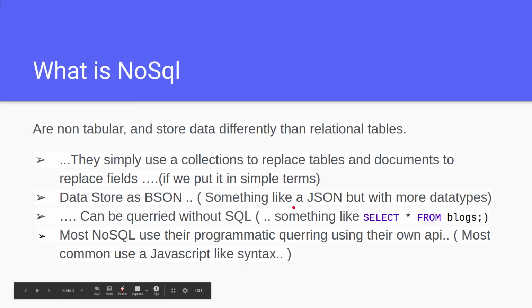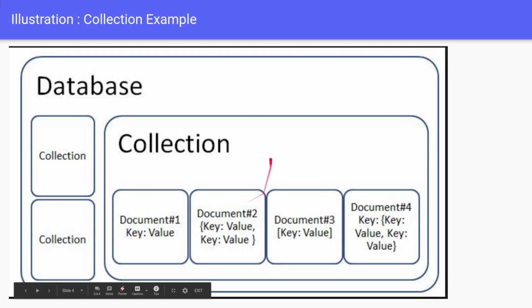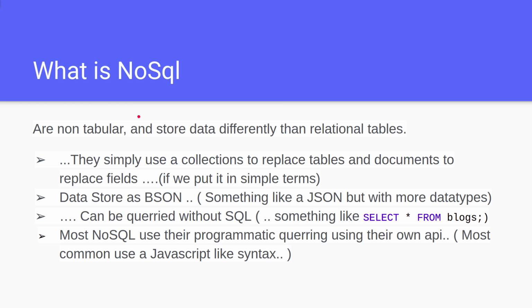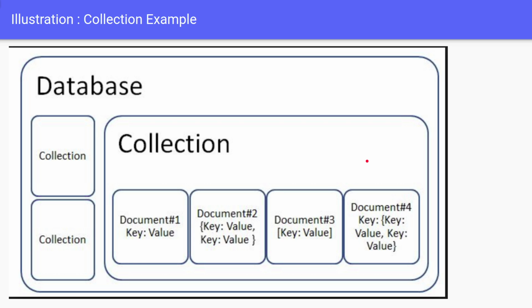So let's continue. This is an example of how we save data. For relational databases, we usually have tables, columns and rows. But for NoSQL, we have collections and documents. This is an example of a collection.